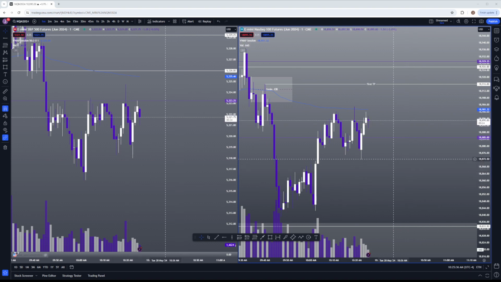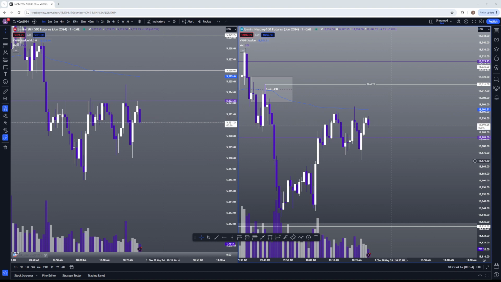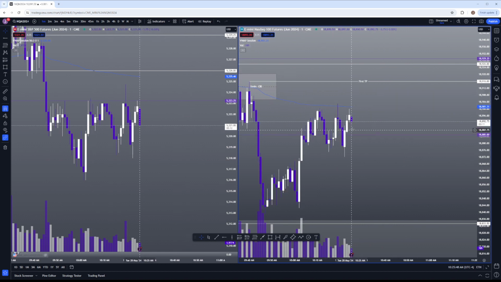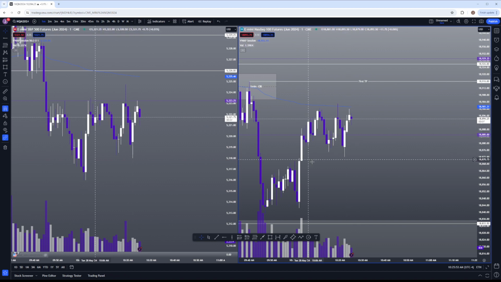This is the kind of condition that really tests your patience as a trader. You've got to keep that patience. You cannot let this stuff manipulate you and tempt you into jumping into a trade or a bunch of trades.